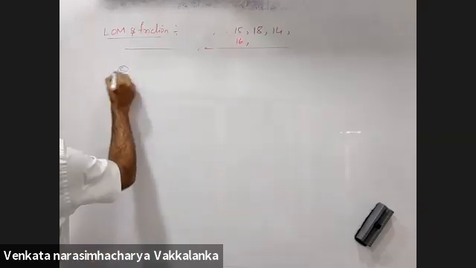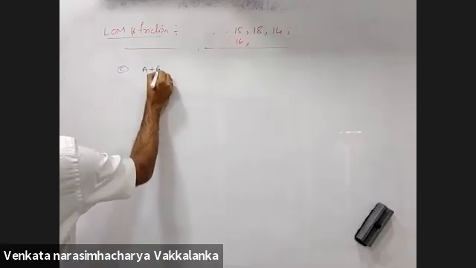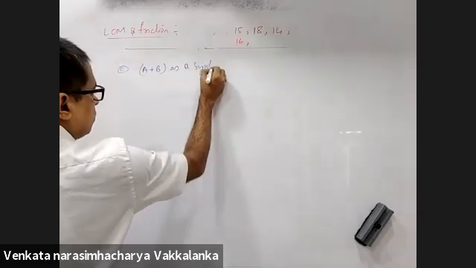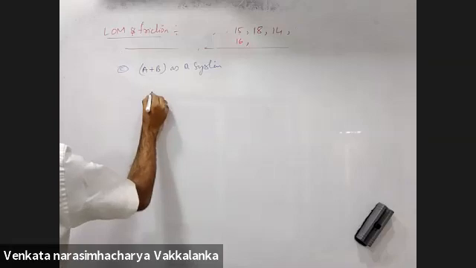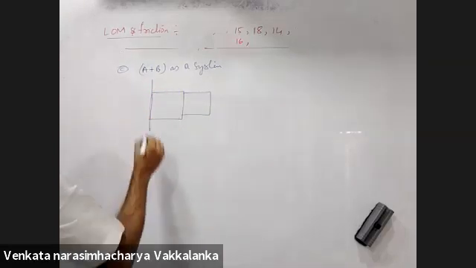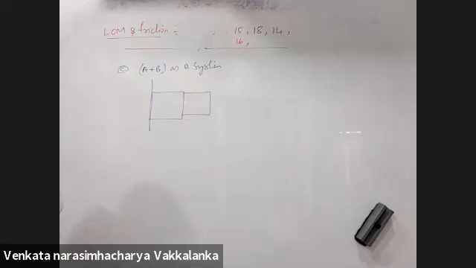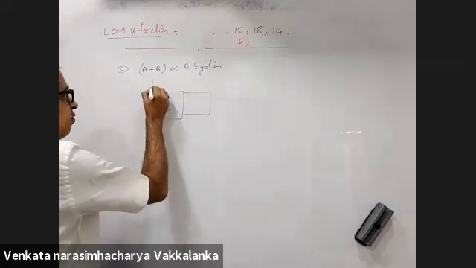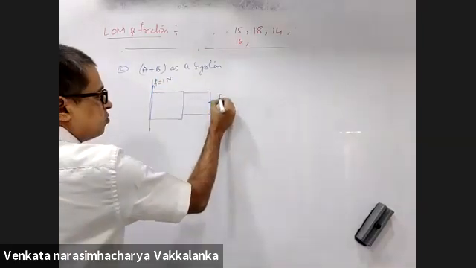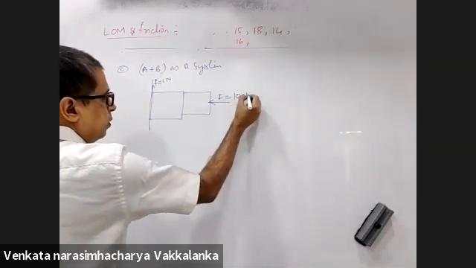Now, in the C bit, take A plus B as a system. You have a frictional force of how much here? 1 Newton. You have this force of how much? 10 Newton.